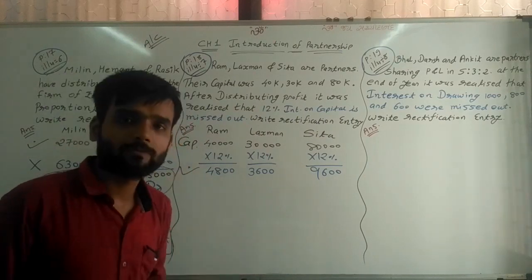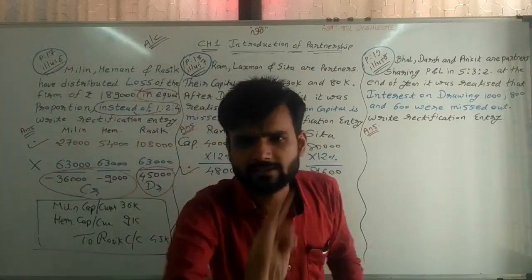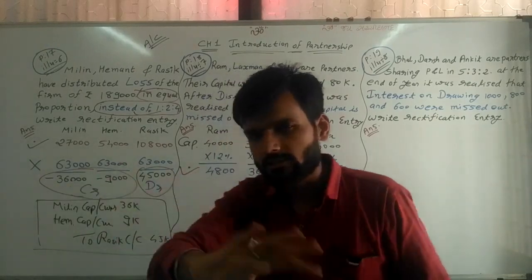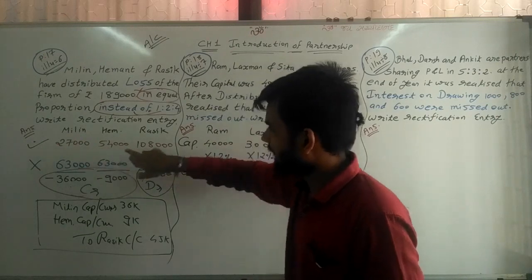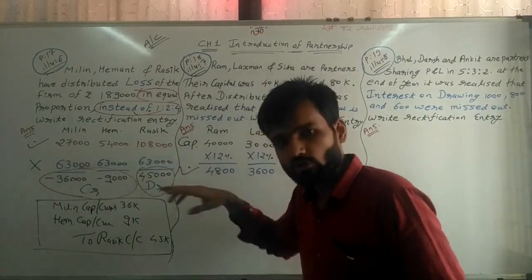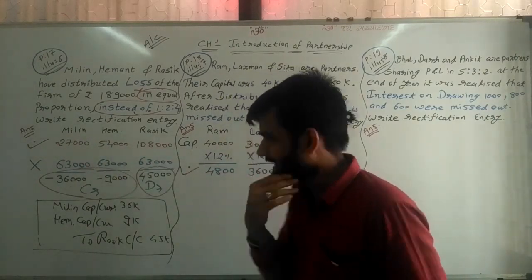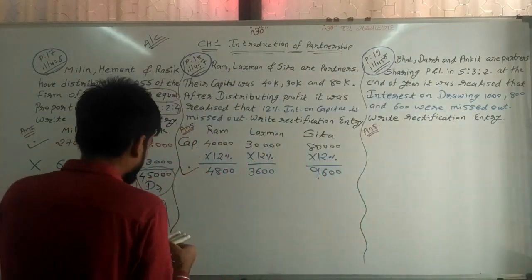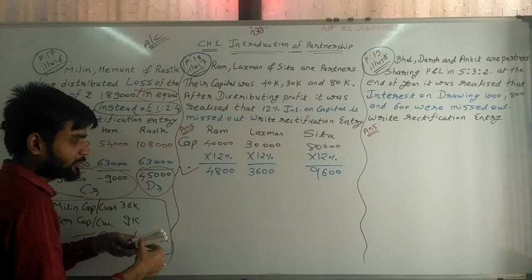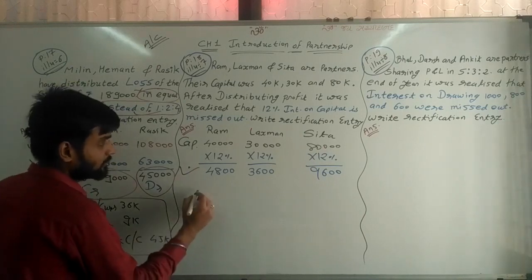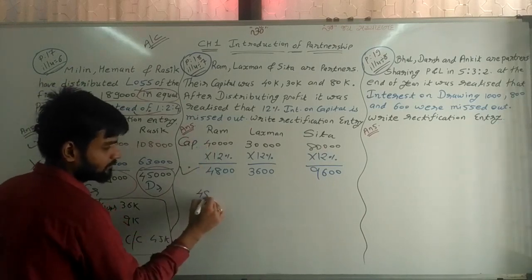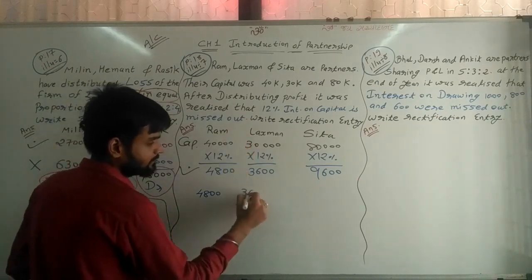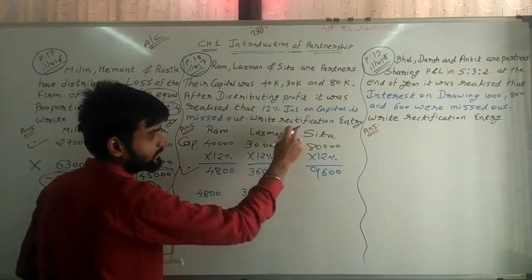Now what are we doing? Sir, the rule is same. Whenever rectification is there, the rule is same. First write correct, second write wrong. Here the correct we know. These are the correct values. So first of all we write the correct values. See here and try to understand. For Ram, 4,800. Lakshman, 3,600.